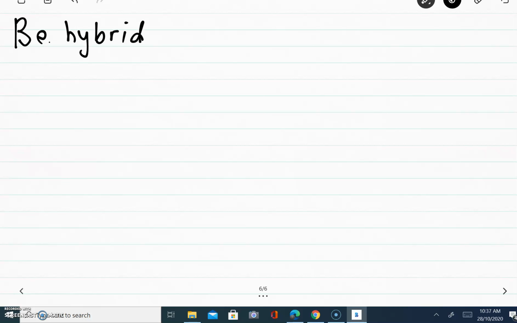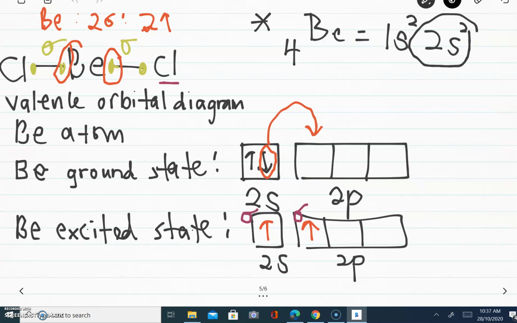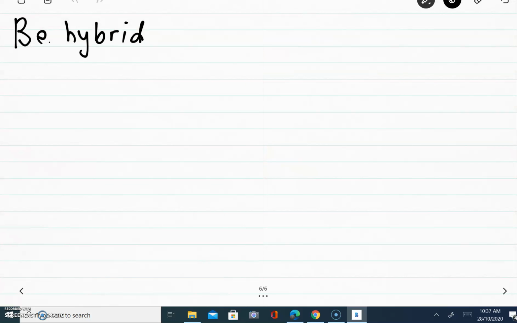So, from our previous writing, we can trace that beryllium at excited state has 1 unpaired electron in 2s and 1 unpaired electron in 2p, and they will mix together to produce new hybrid orbitals. Finally, we have 1 orbital involved from s and 1 orbital involved from p, and we label it as sp hybrid orbital.